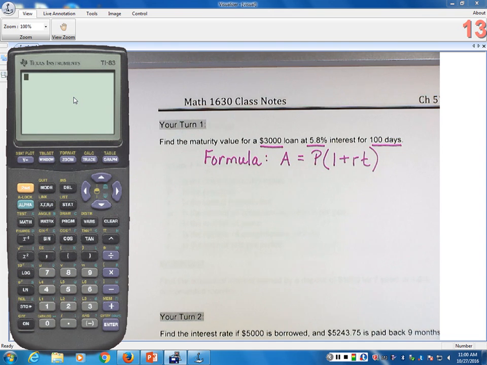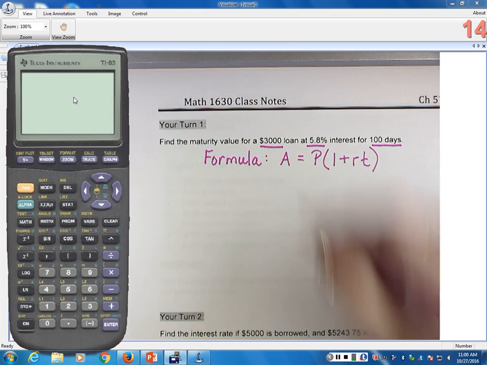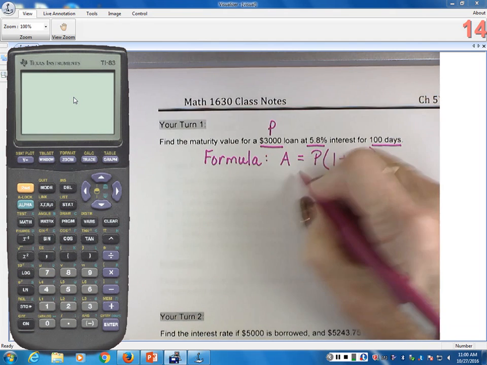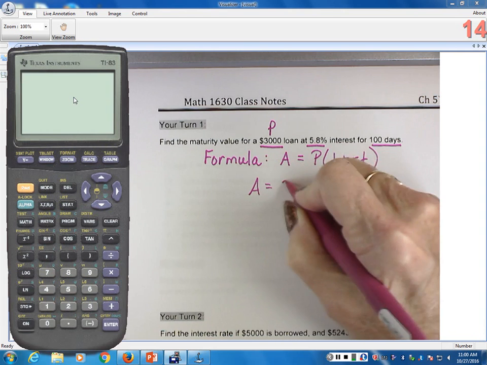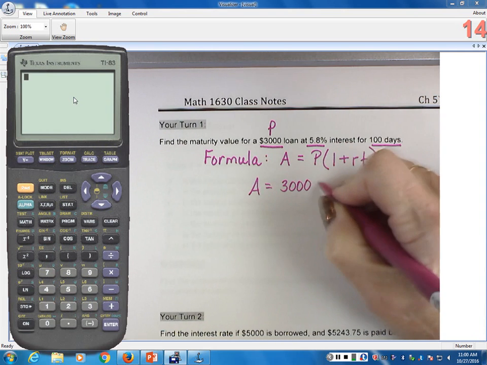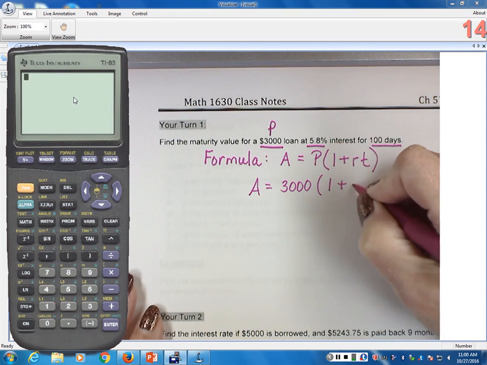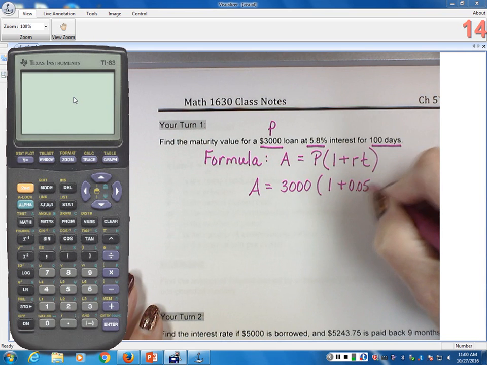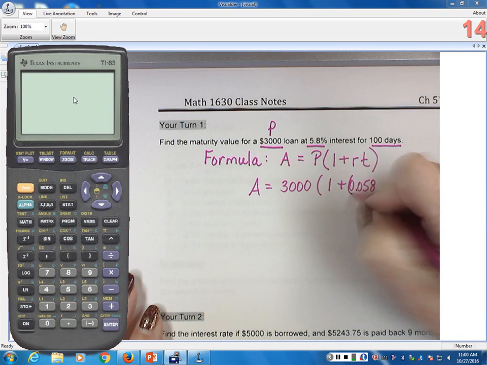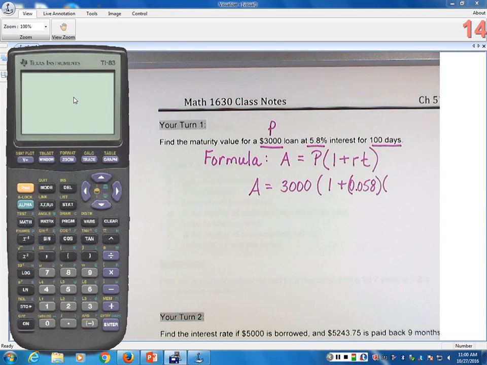P is 3,000. Okay. Weston, what is R? R is .058. Okay. And Josh Neal, what is T? 100 over 360. Okay.